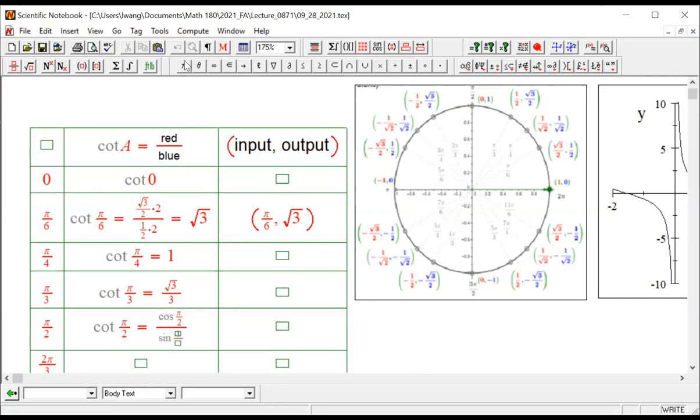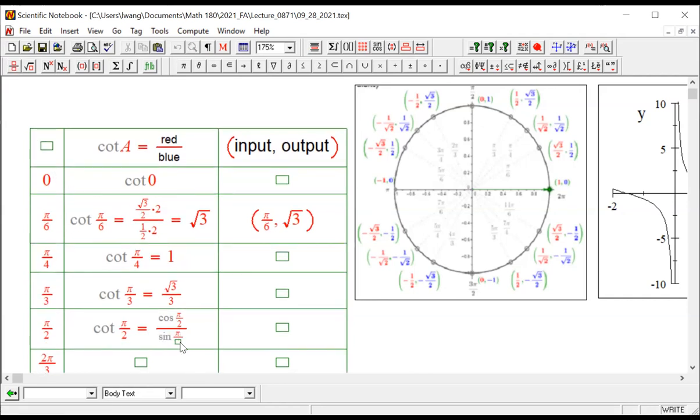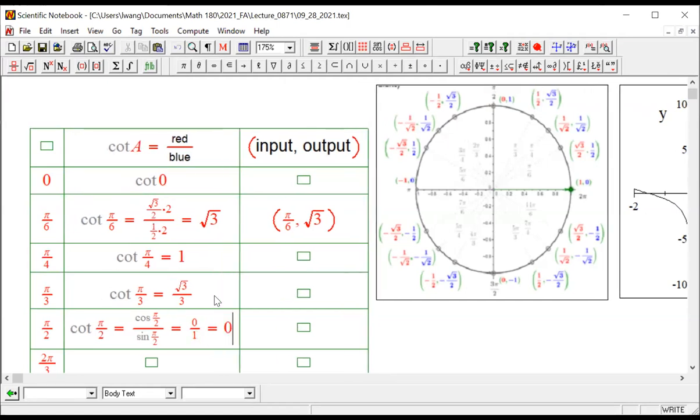What is sine pi over 2? Cosine pi over 2 is 0. So 0 divided by 1 is 0. Therefore, it's 0, right? So you got all these points.